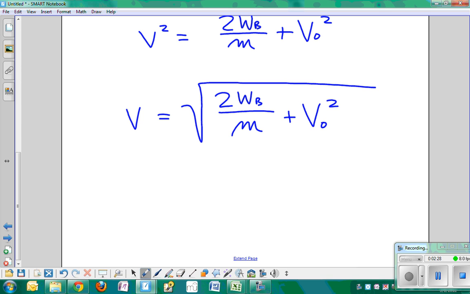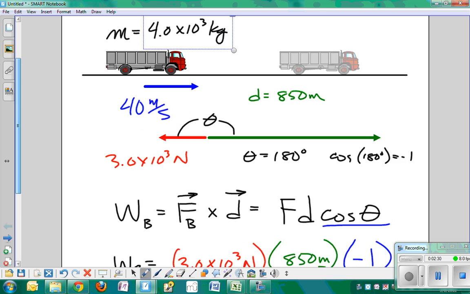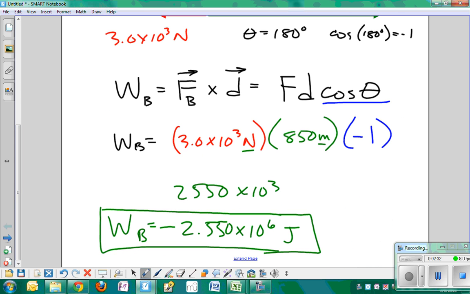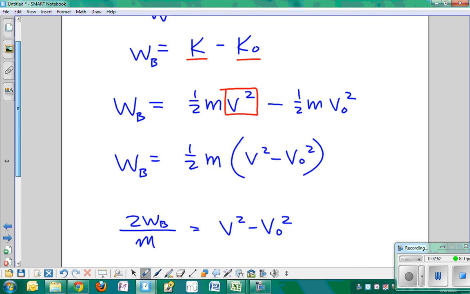And now, you can see back here that we could put an expression in for the work done by the brakes. This would be the most proper way to do it. Here's the work done by the brakes, and we would just put this F d cosine theta in there. So even though the numbers turn out relatively clean, because 850 times 3 is a nice even number, let's just go ahead and do it the correct way, which is going to be to say F d cosine theta in there for work.